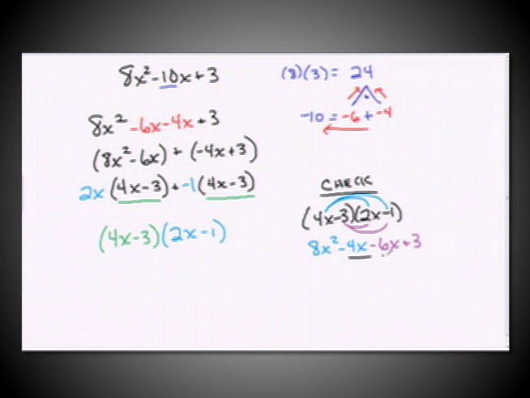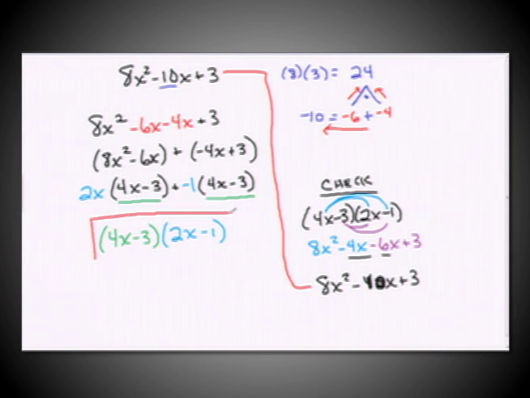After we combine our like terms, we get 8x squared minus 10x plus 3. And we can see that we ended up with the same thing we began with. So the factored form, sure enough, is 4x minus 3 times 2x minus 1.